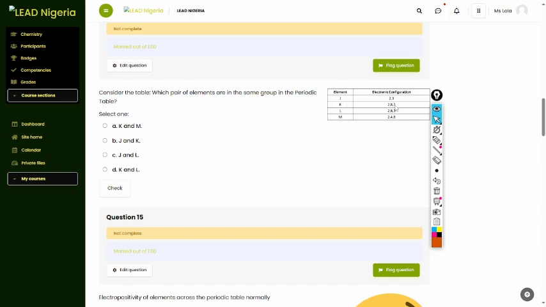So for J, it belongs to group 3 because 3 is the last number we see here, and that's the total number of electrons in its outermost shell. K belongs to group 2, L belongs to group 3, and M belongs to group 8. So the ones that belong to the same group would be J and L. So J and L belong to group 3 of the periodic table. So the answer is C.